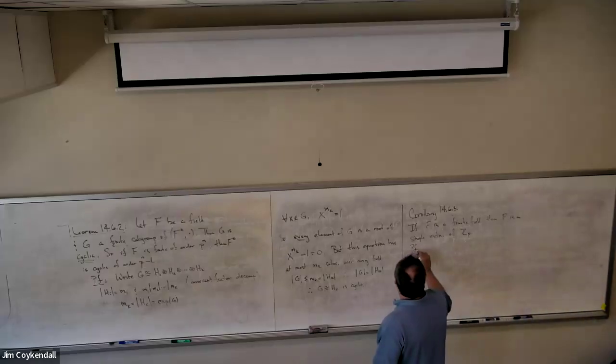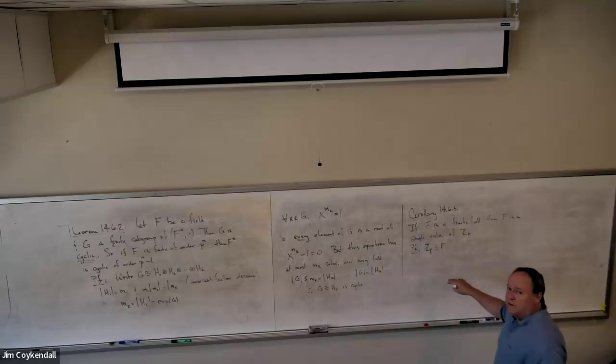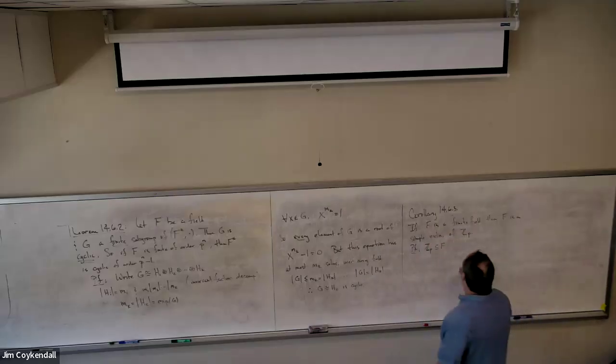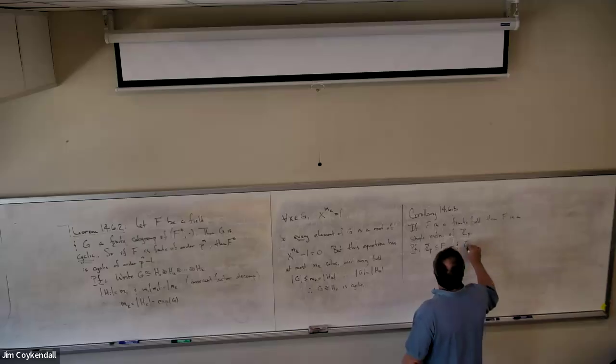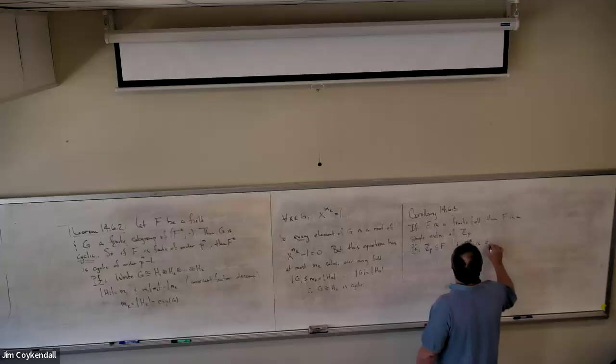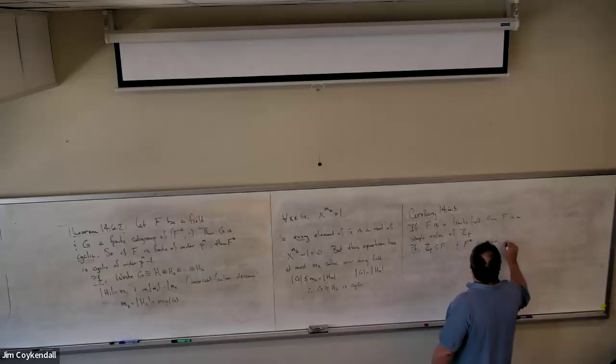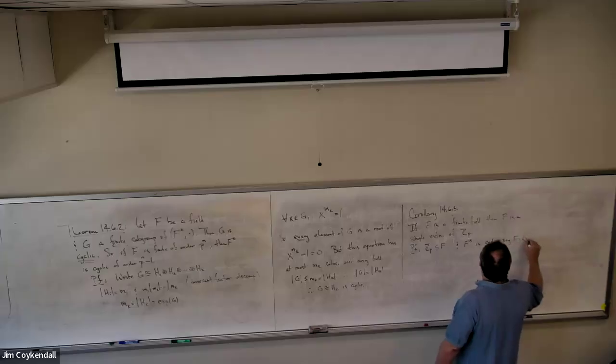Let me do a quick proof of this. F is a finite field, so it contains Z_p for some p. And F star is cyclic. Say F star is generated by, we'll call it z.